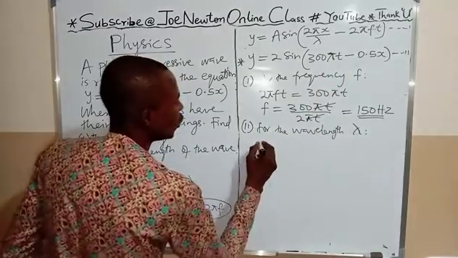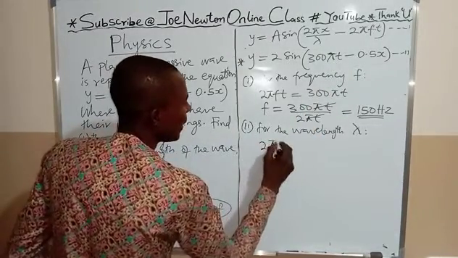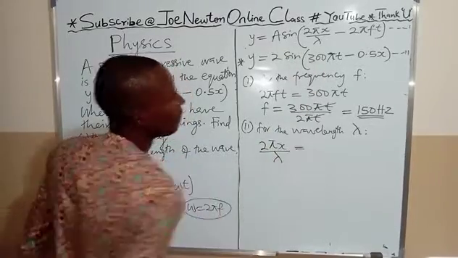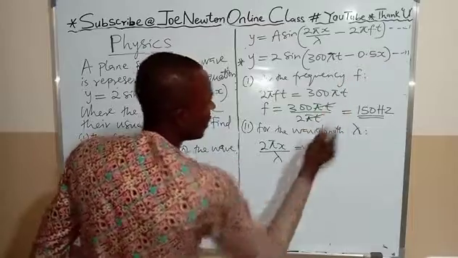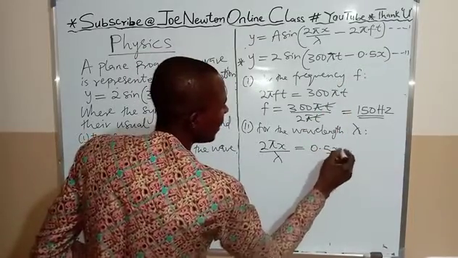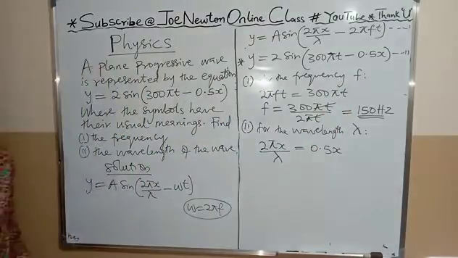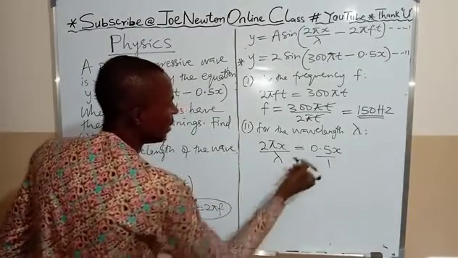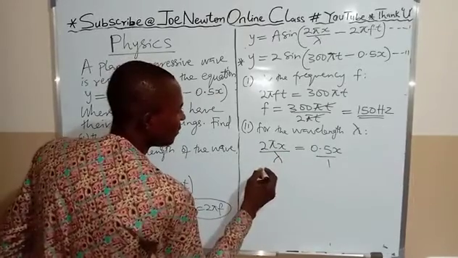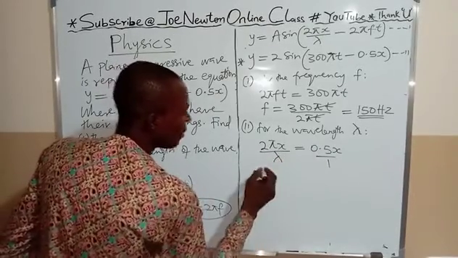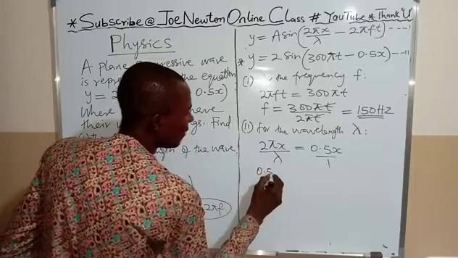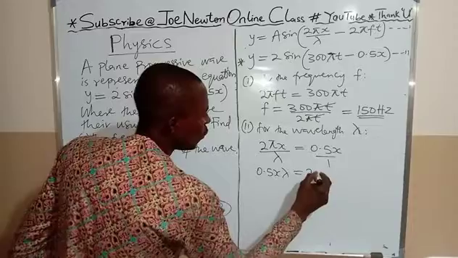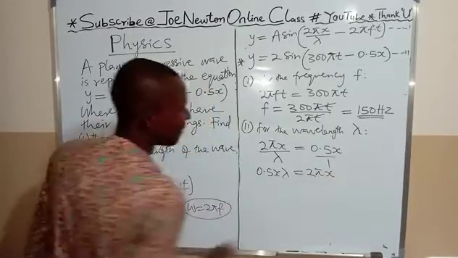Comparing it, we have that 2 pi x over lambda equals 0.5 x. Now from here, we cross multiply, making this over 1, giving us 0.5 x lambda equals 2 pi x.